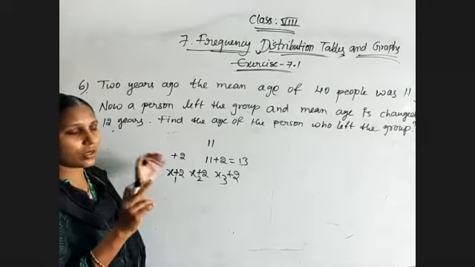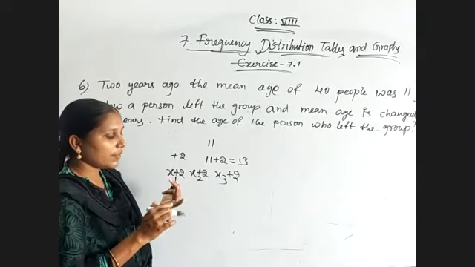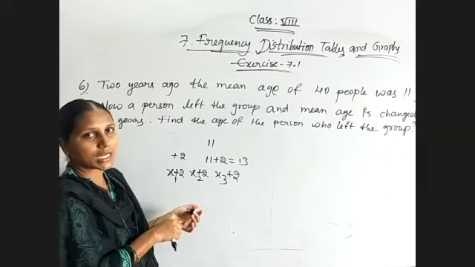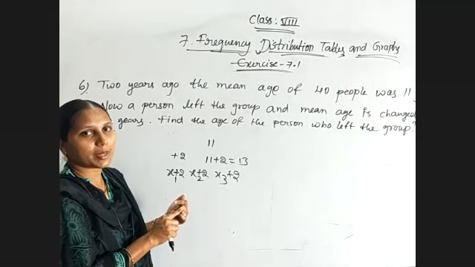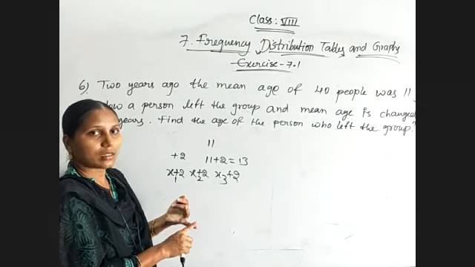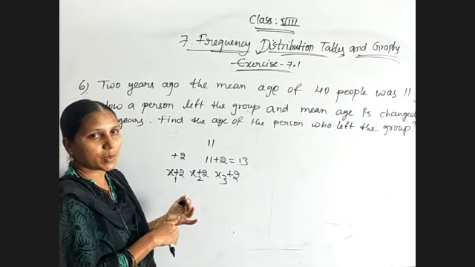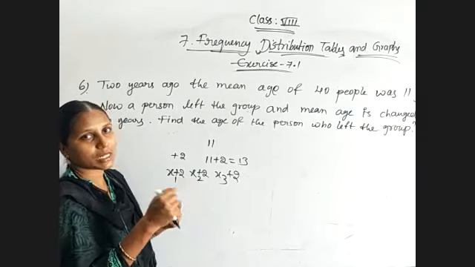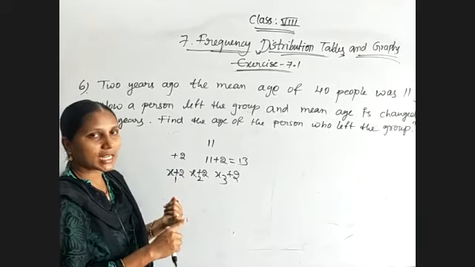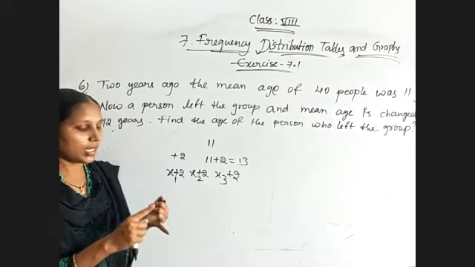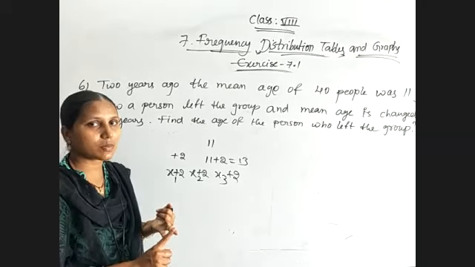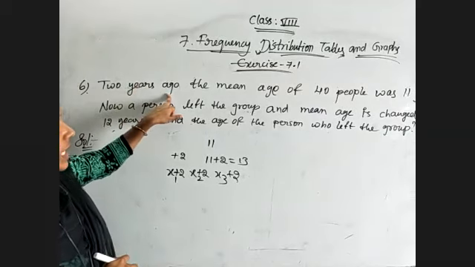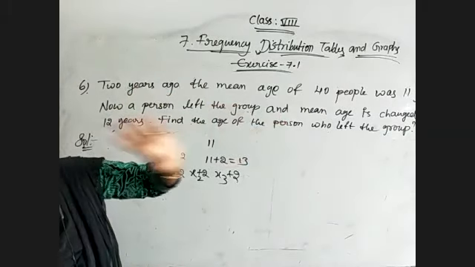First topic, that one only, properties of arithmetic mean. When you are adding a particular number to each observation in your data, the mean also increases by the same number. When you are subtracting, then the mean is also subtracted by the same number. If you are multiplying or dividing by the same number, the mean also will change the same way. So here, the mean age of 40 people 2 years ago was 11 years.